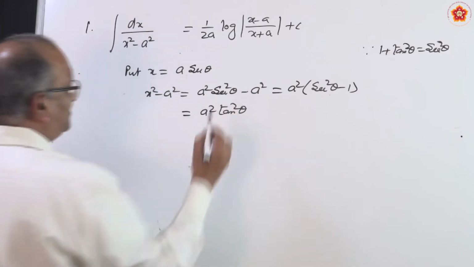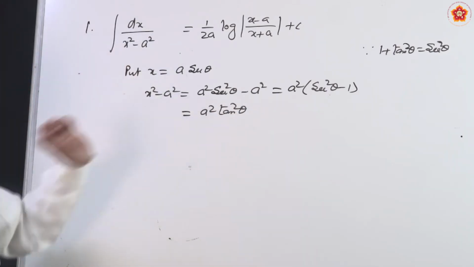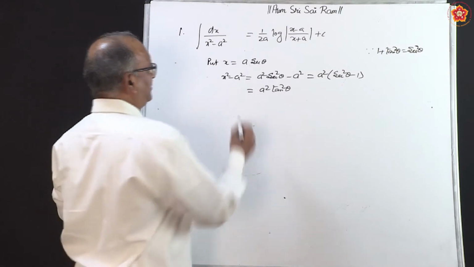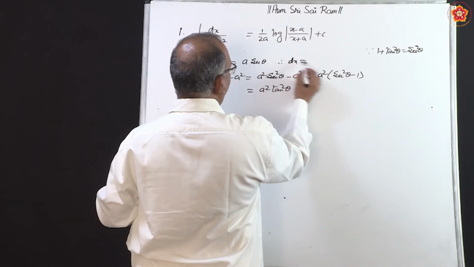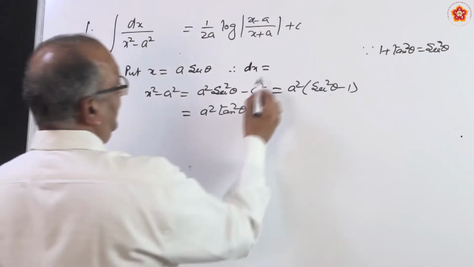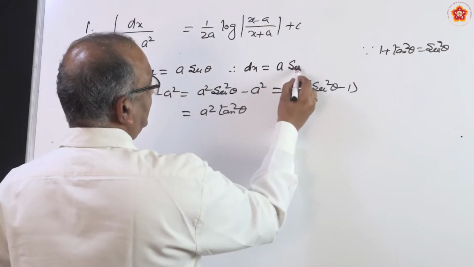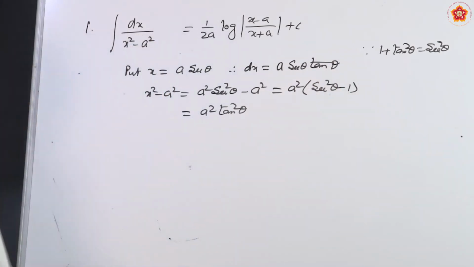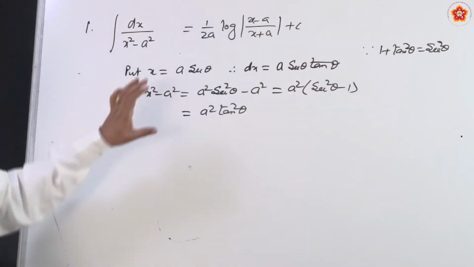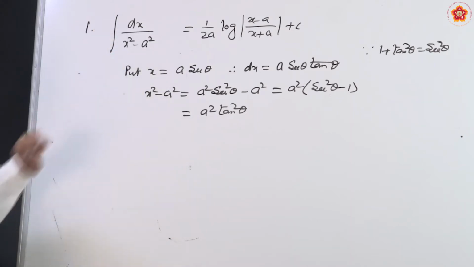So, this is one substitution for the denominator. At the same time, we also need to know what dx will be. What is dx if x is a sec theta? It is going to be a sec theta tan theta d theta.